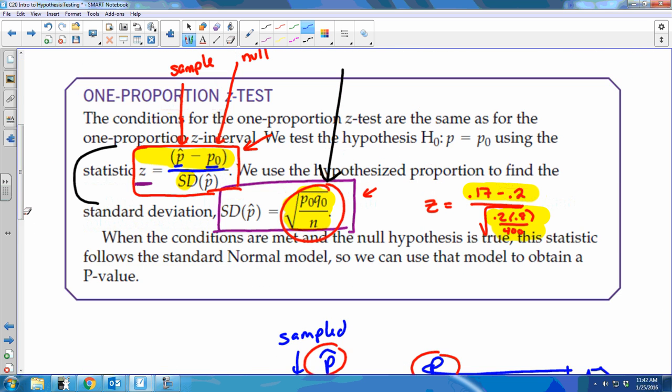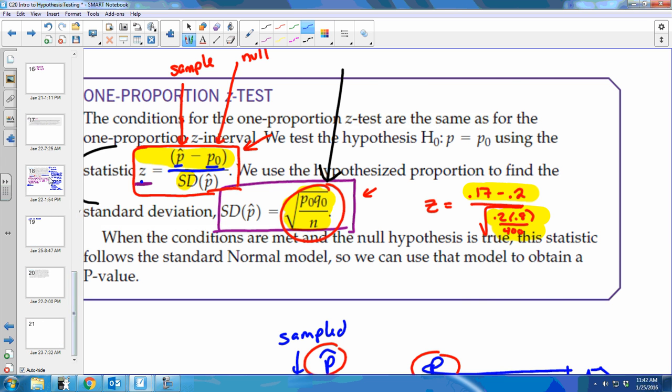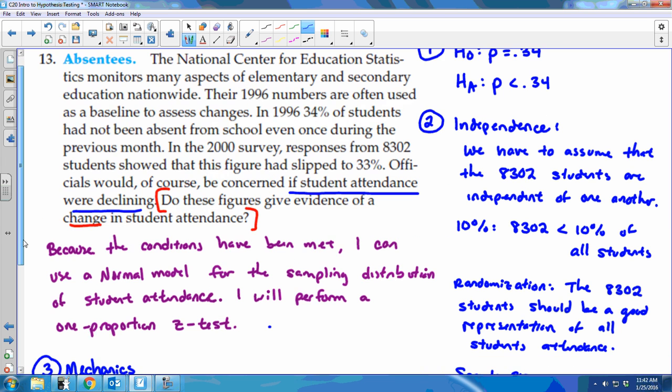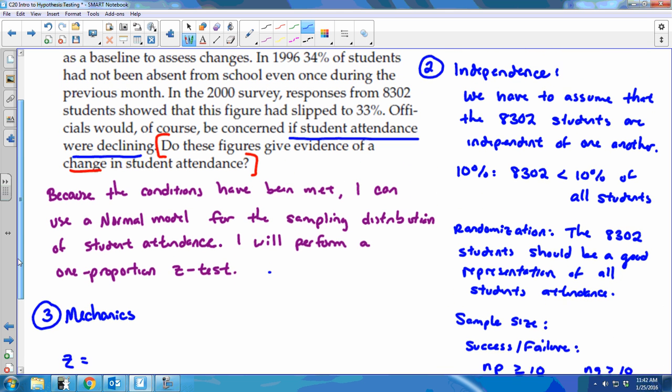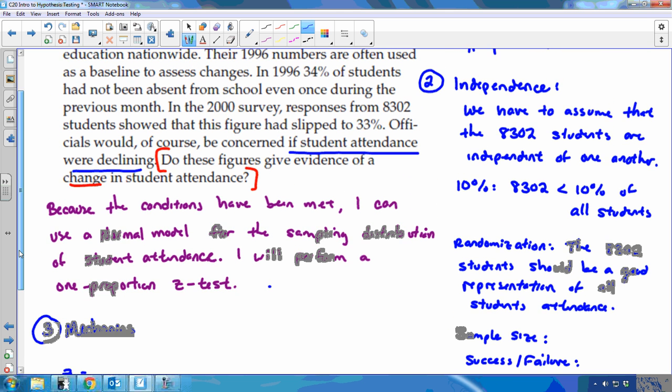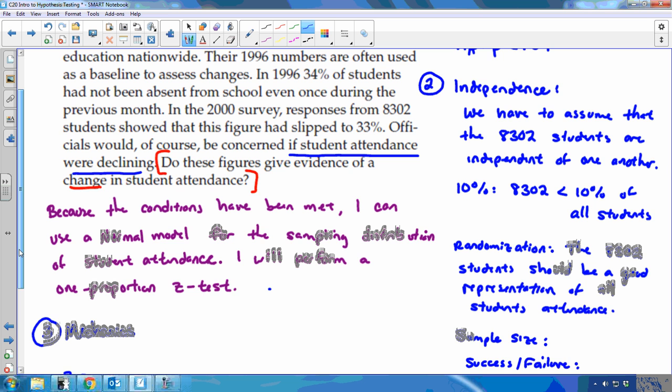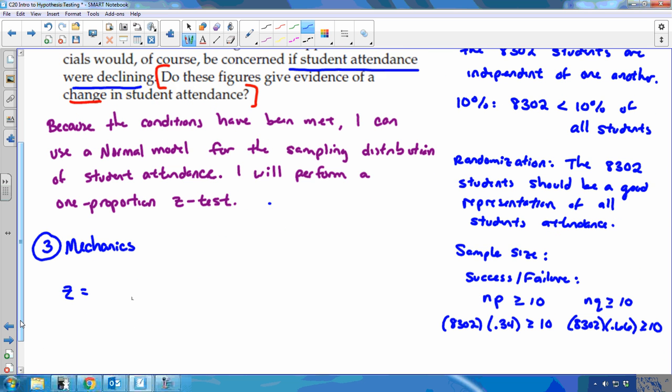We find a z statistic, and we take our sample proportion, we subtract our population proportion, and divide by the standard deviation. So, for z, what is our sample proportion? 0.33.